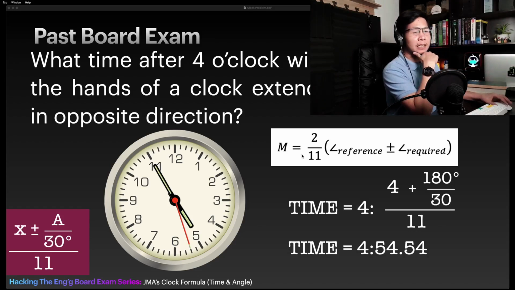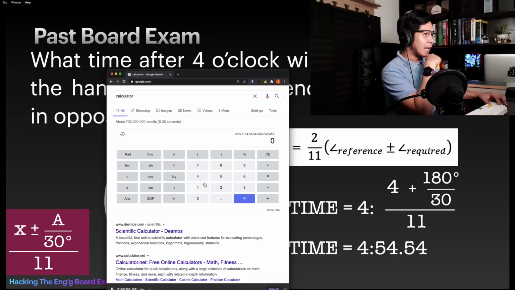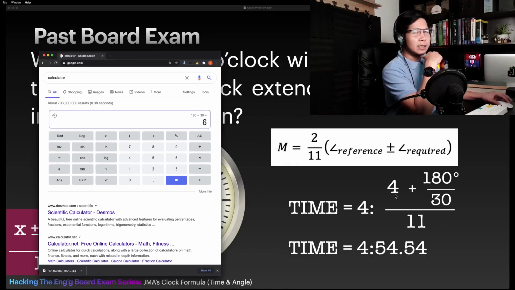Gamitin natin yung formula na dinevelop ko o yung ginawa ko. So, x plus minus the angle divided by 30 over 11. So, since 4 o'clock, this is 4 plus ang angle required is 180 degrees, opposite each other. So, 180 divided by 30. Then, we divide it by 30. And then, sabi natin, dahil nakalampas na yung minute hand sa hour hand, magpa-plus na yon.